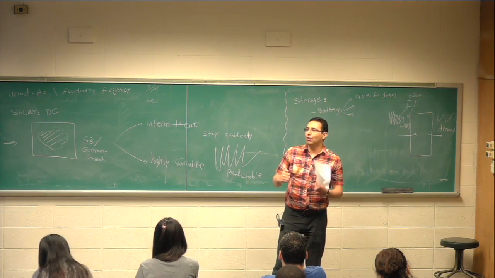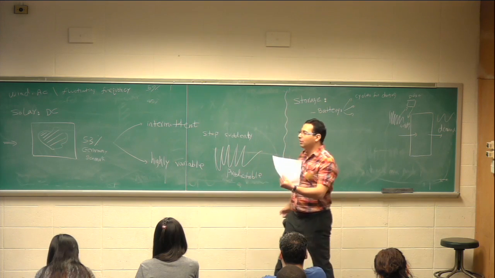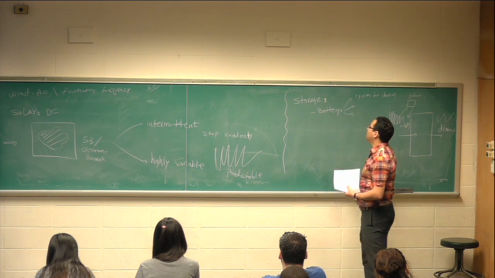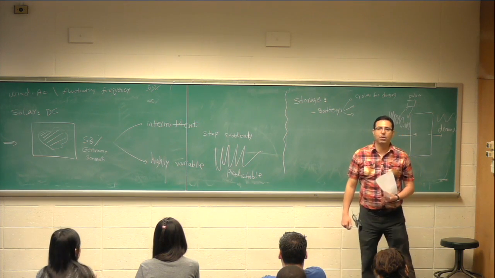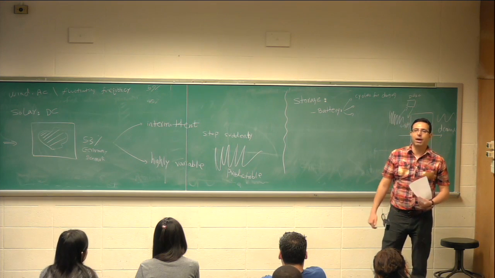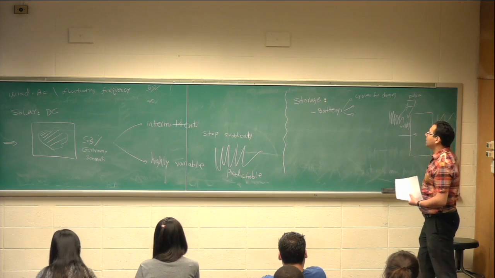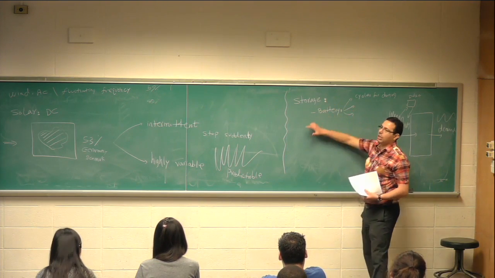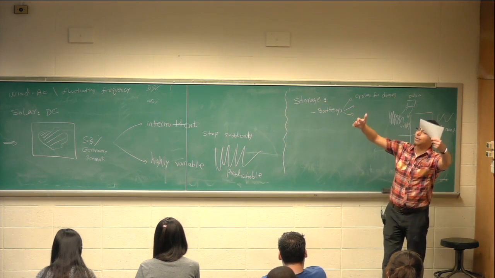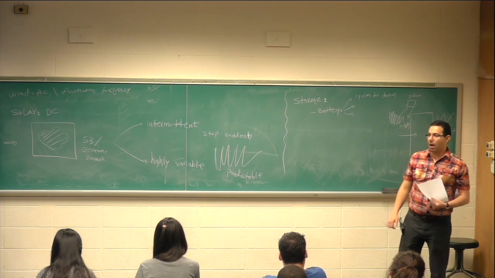But that's controllable. So that's one of the secondary factors, but battery maybe needs some control. If you send a lot of power into a battery, you might get some explosion, especially if you have a lot of batteries. But this is pretty much the case for all kinds of storage. If you have a lot of power in one place, something could go wrong.